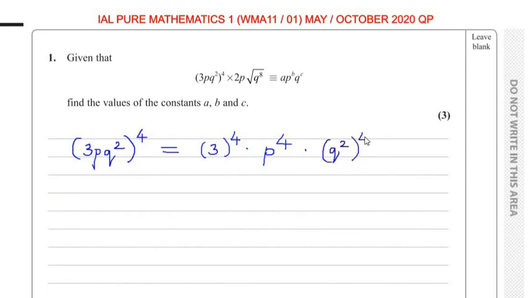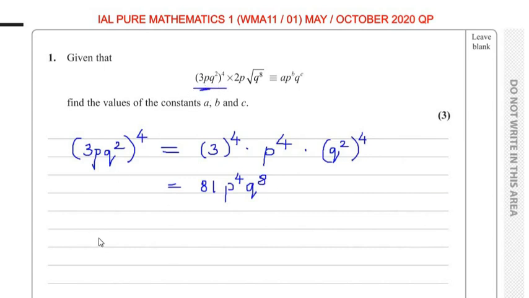This is by using the laws of indices. Now 3⁴ is 81 and p⁴ remains the same, and here for q, again using laws of indices, the powers get multiplied. So 2 times 4 is 8. So we have got the solution for this bracket.